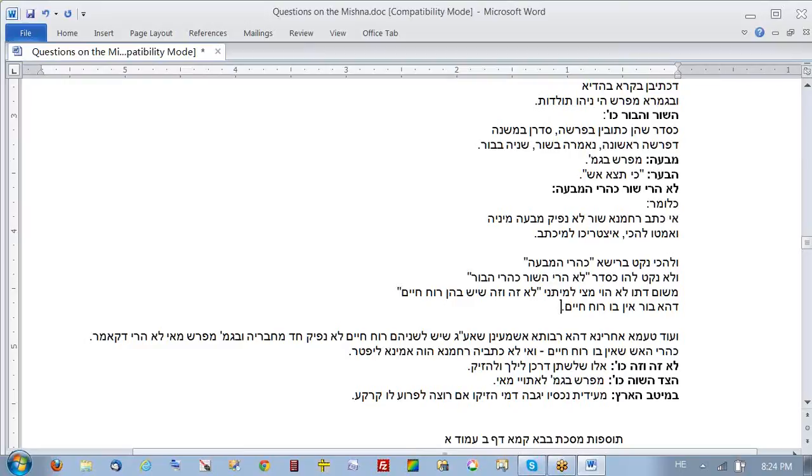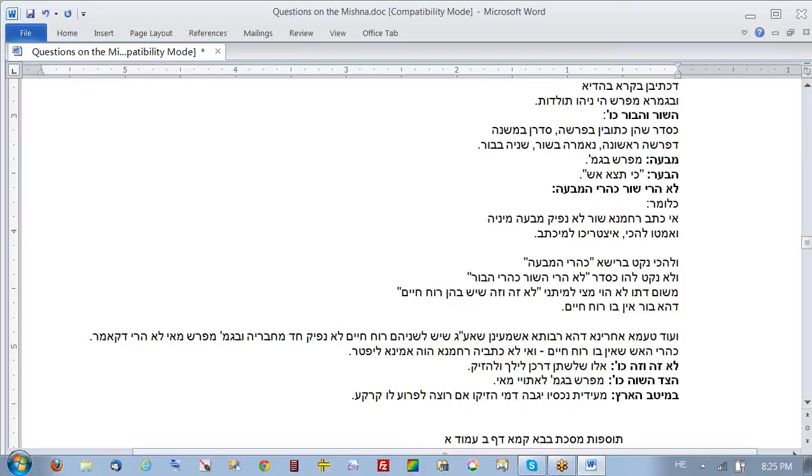It would have had to present itself differently. So now the question is, what's wrong with that? Why was the Mishnah committed to presenting it this way? If it would have gone the other way, what would have been lost?